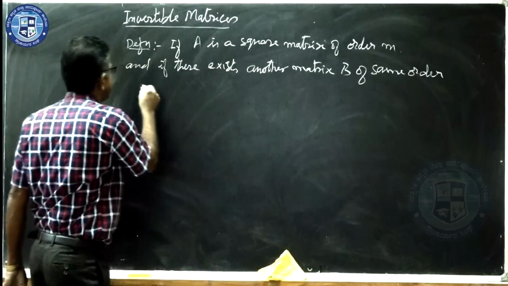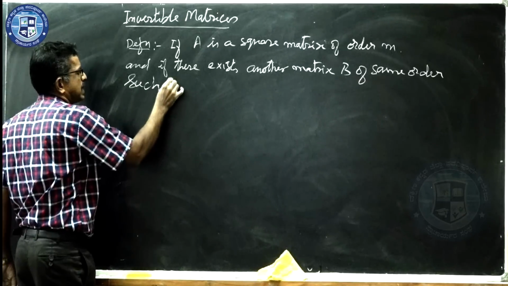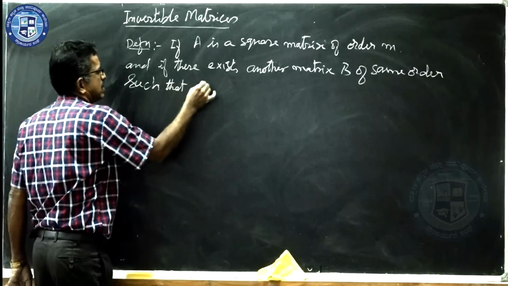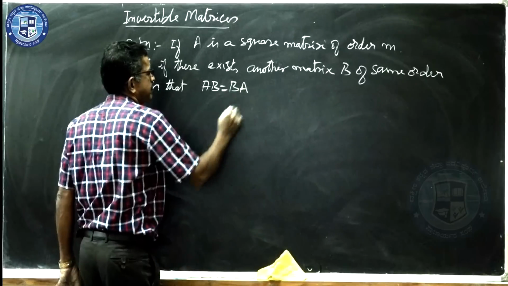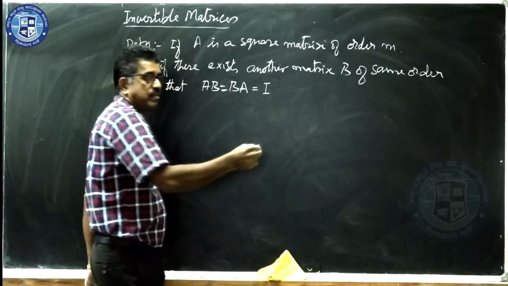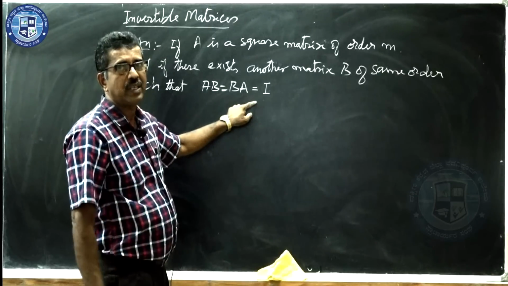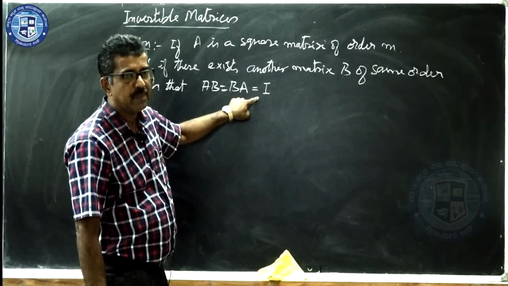such that it should satisfy a particular condition: A into B is the same as B into A, and that must be equal to I. Do you remember the meaning of this? What do you mean by I? I is an identity matrix.